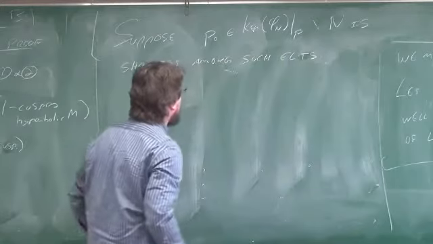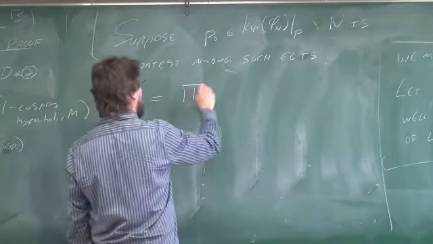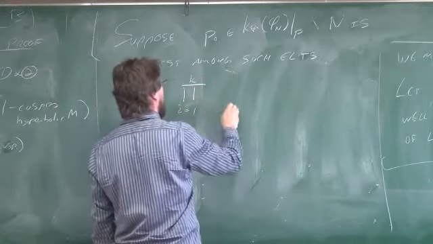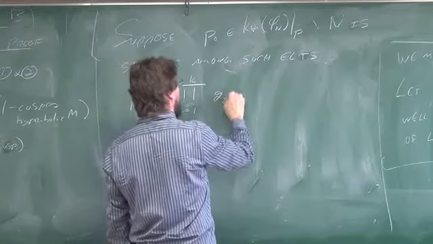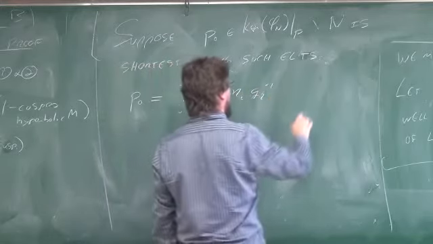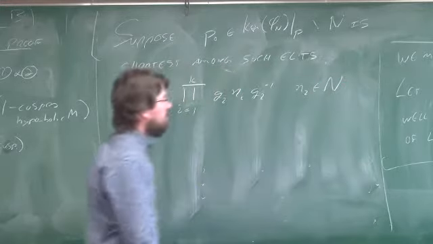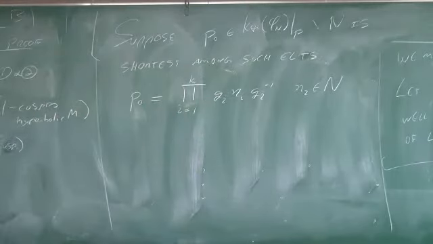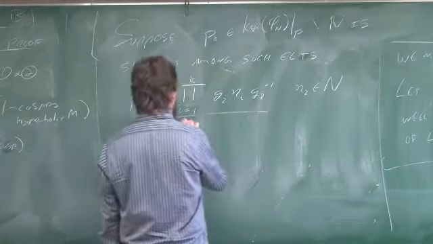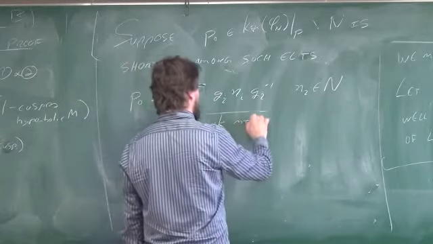To say that it's in the kernel means that P0 is equal to a product, i going from 1 to k, of conjugates g_i n_i g_i inverse, where the n_i are all in N. So they're all not in B, they're non-trivial. And I want to choose the shortest such representation, so we're going to choose k also minimal.